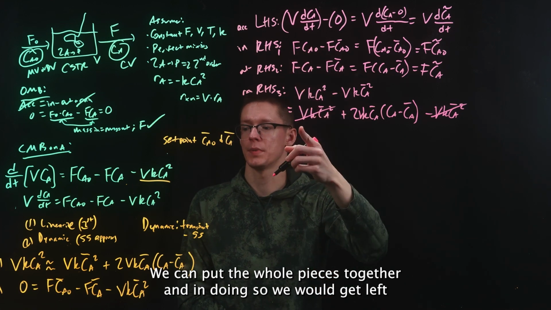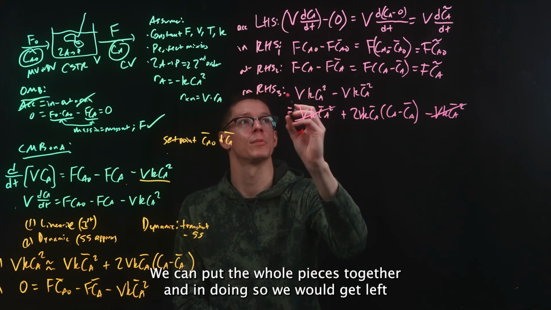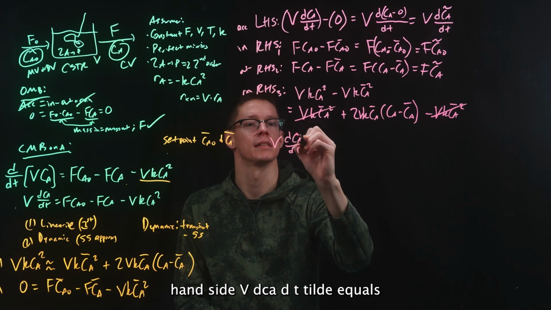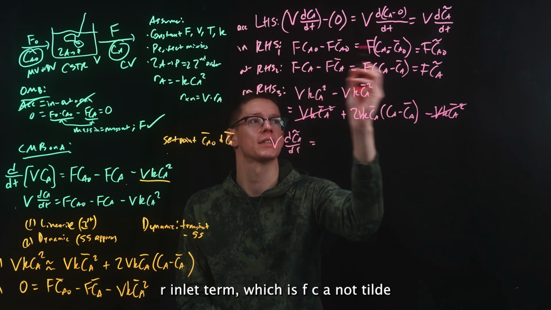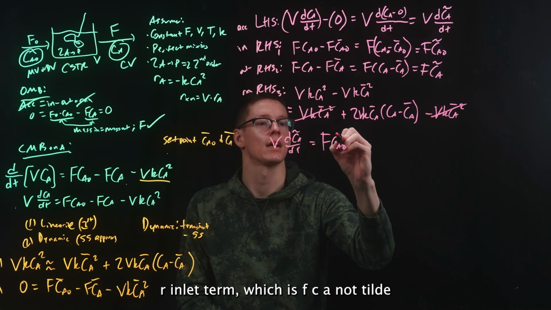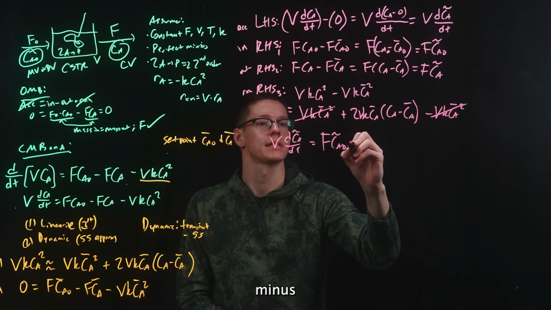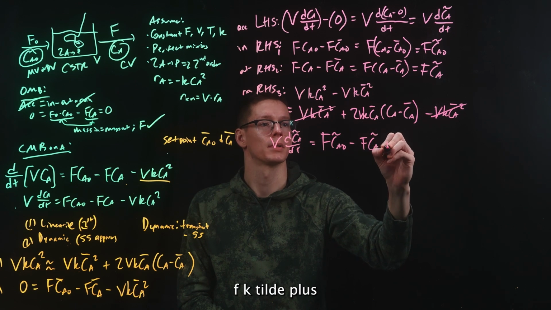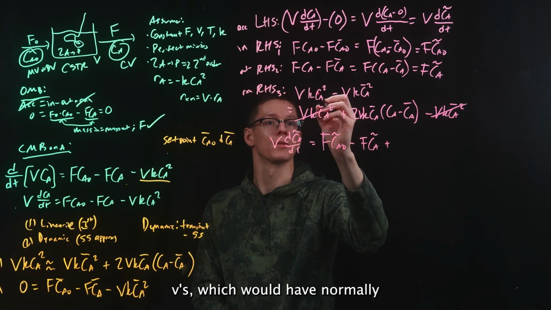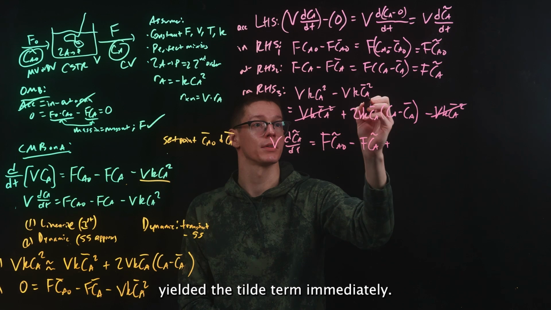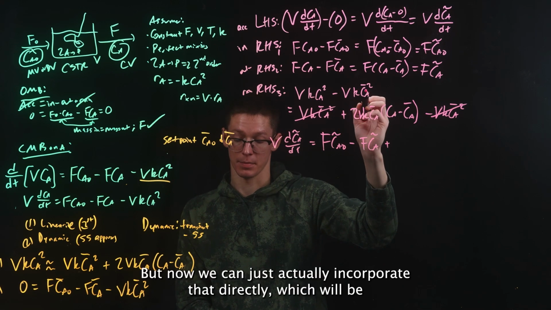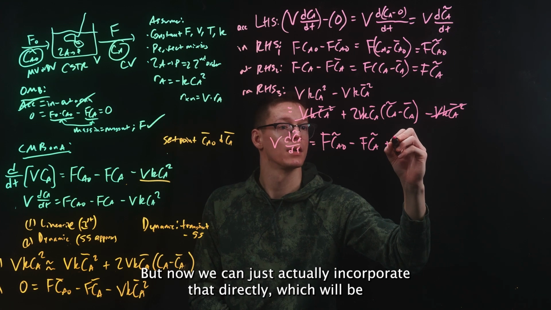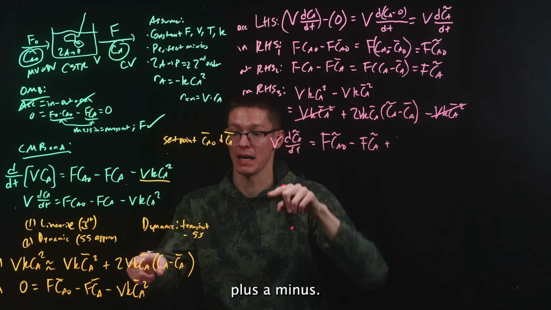We can put the whole pieces together, and in doing so, we would get left-hand side V dCA dt tilde equals our inlet term, which is F CA naught tilde minus F CA tilde plus these, which would have normally yielded the tilde term immediately, but now we can just actually incorporate that directly, which will be plus a minus.